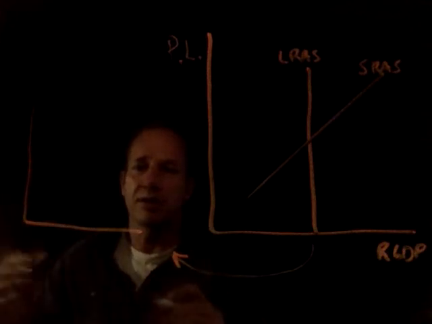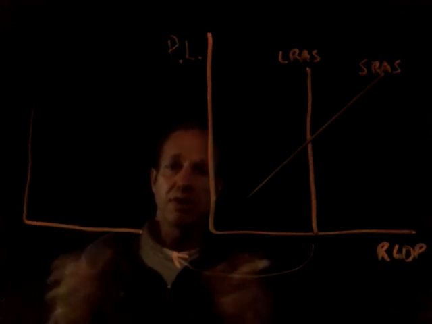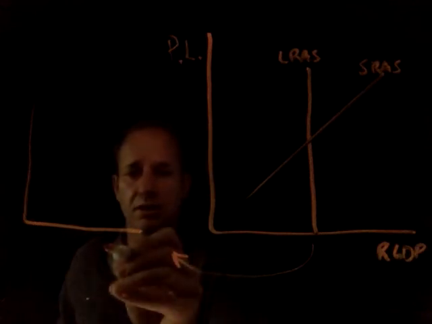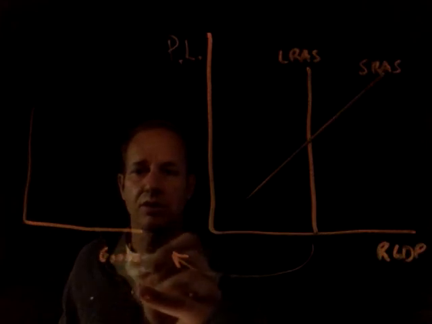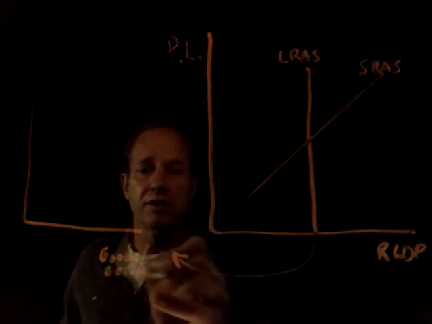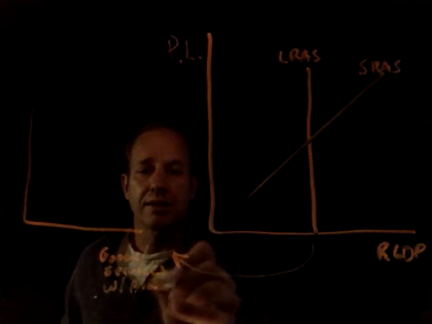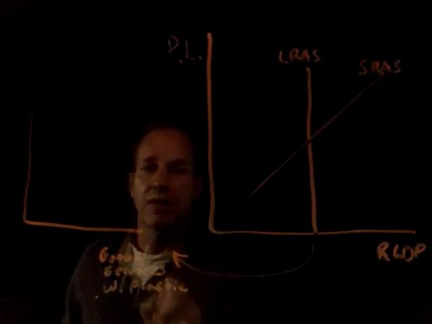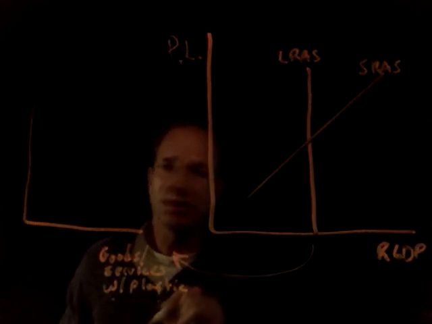And I'm going to say that what we're going to analyze with our production possibilities curve, as we've always done, is 2 goods. I'm going to say goods, I'll even throw services in, or services with plastic. So goods or services that have plastic either in their production or in the provision of the service. They use plastic.